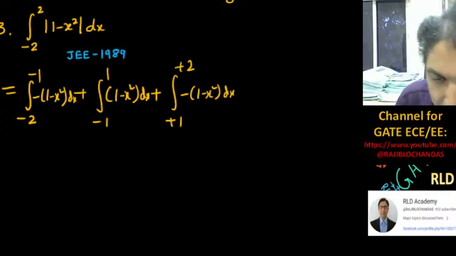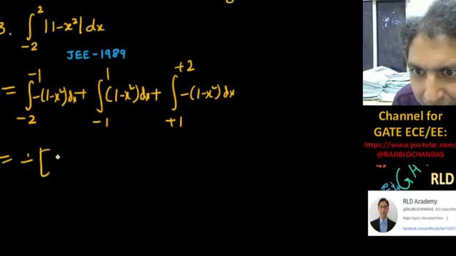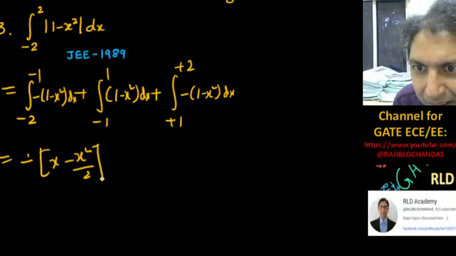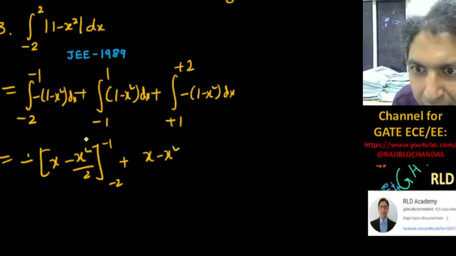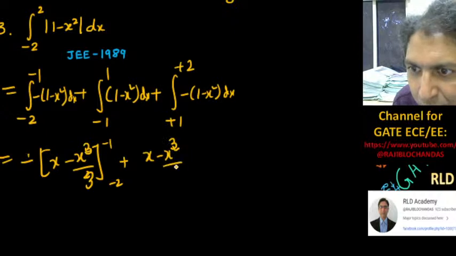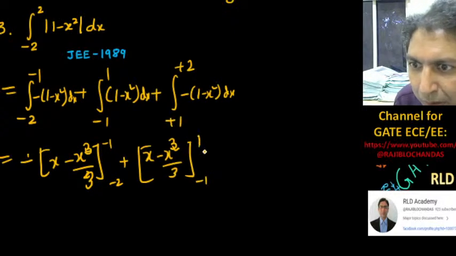So you can see that this one, it's minus sign outside, then its integration is x minus x cube by 3, from minus 2 to minus 1, and this one is plus sign, again x minus x cube by 3, and its value will be from minus 1 to plus 1.